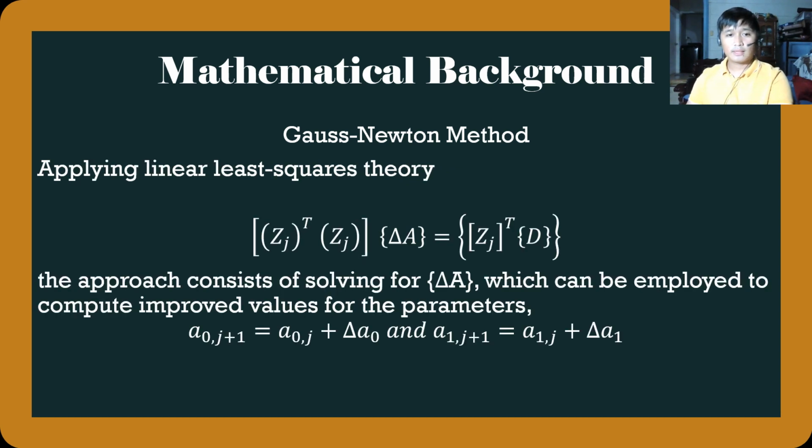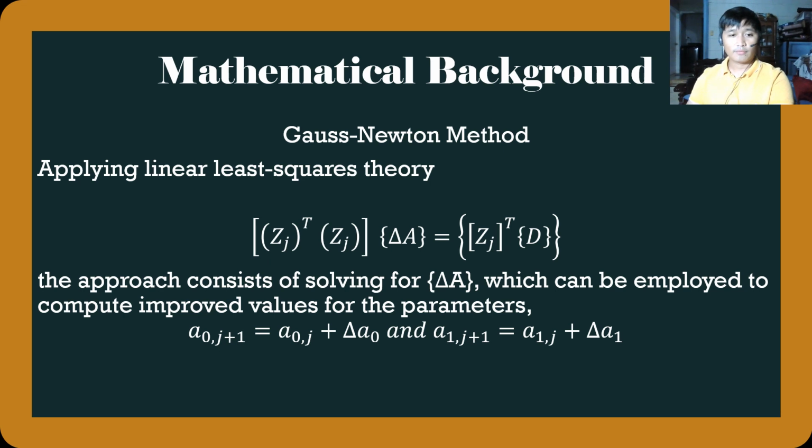Applying linear least squares theory, we have Z sub j transpose times the Z sub j matrix times the vector delta A equal to Z sub j transpose times the vector d. The approach consists of solving for delta A, which can be employed to compute improved values for the parameters.